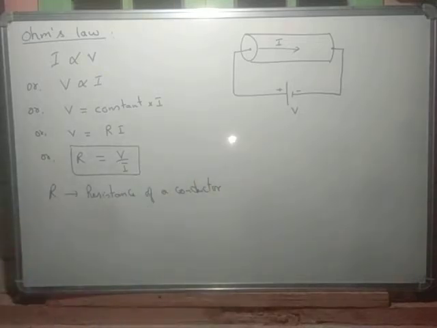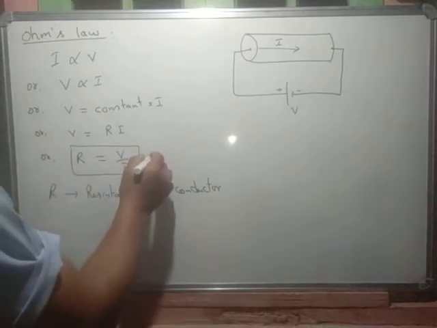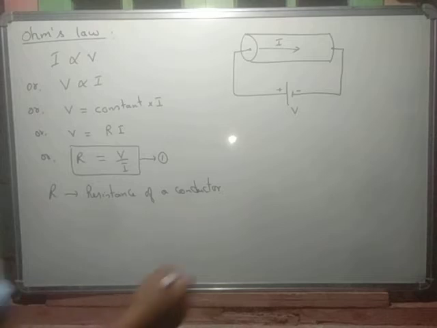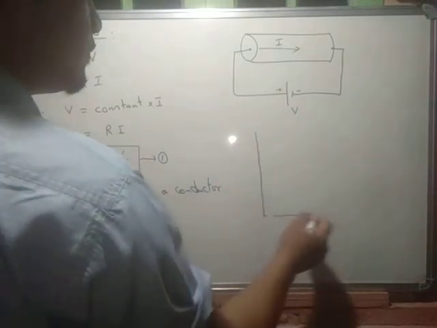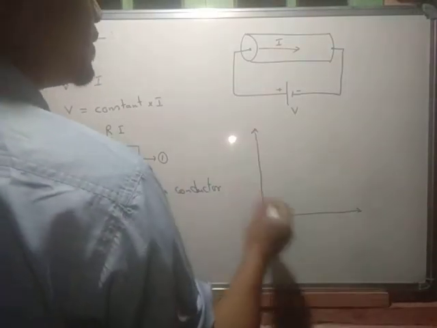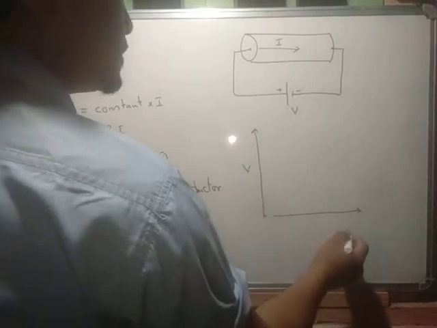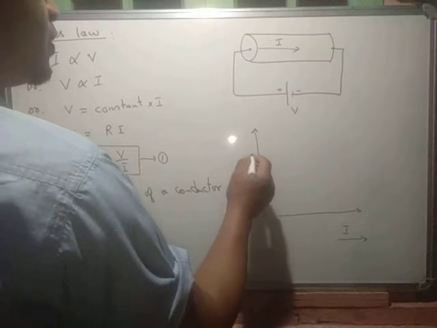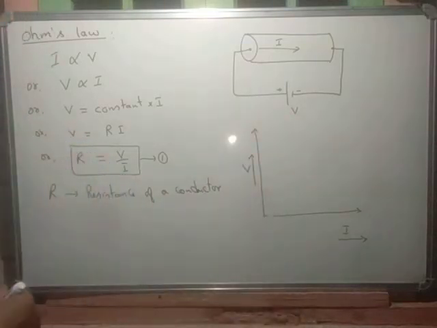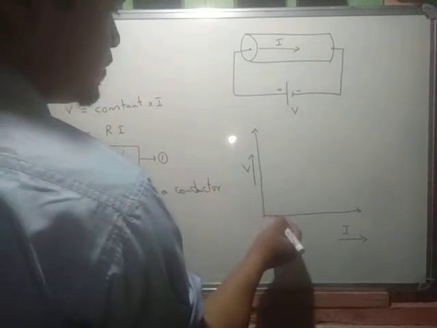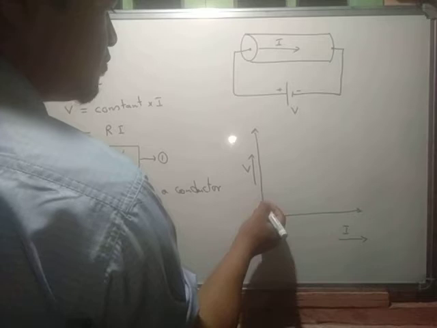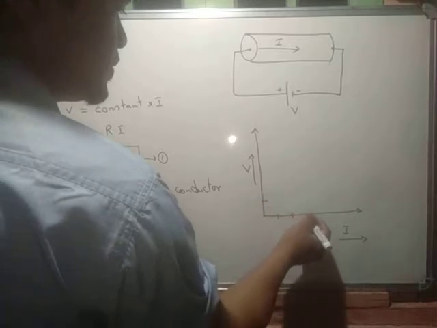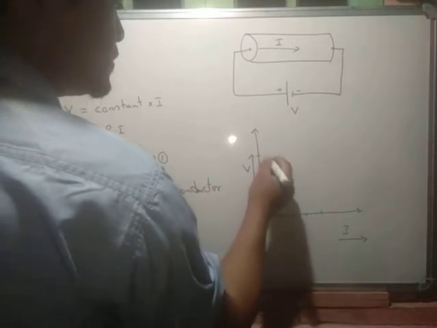Now when you look at this equation 1, if you plot a graph between the potential difference and current, taking the current along the x-axis and the potential difference along the y-axis, then the graph comes out to be a straight line, which means when you increase the current, potential also increases, like this.